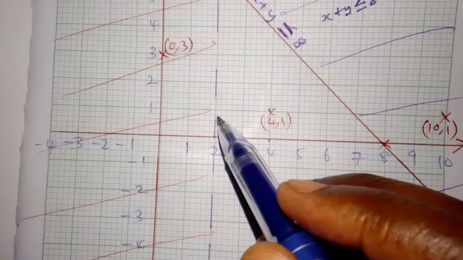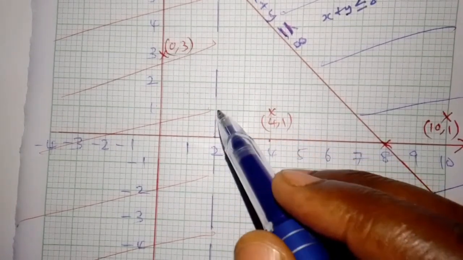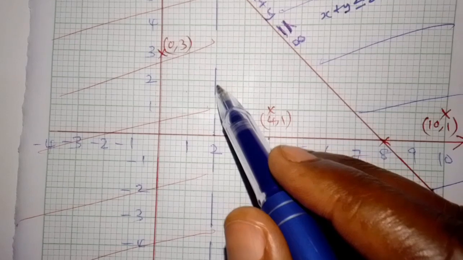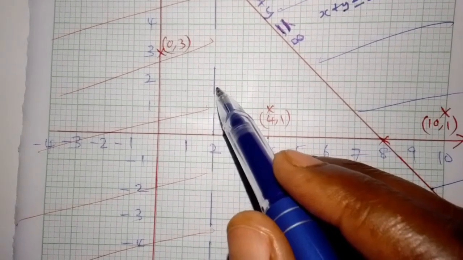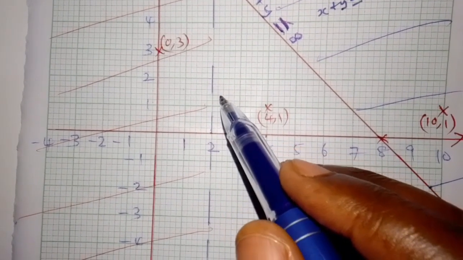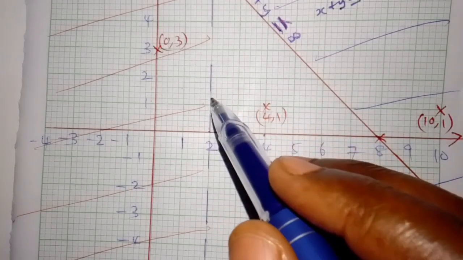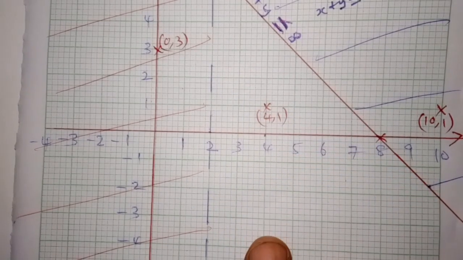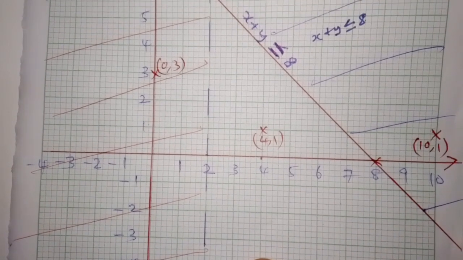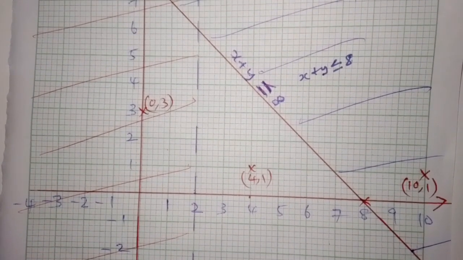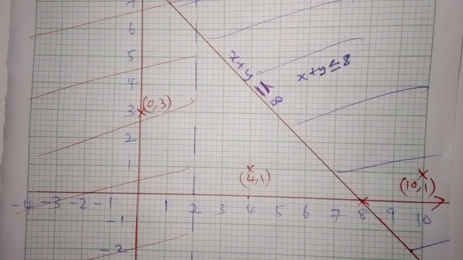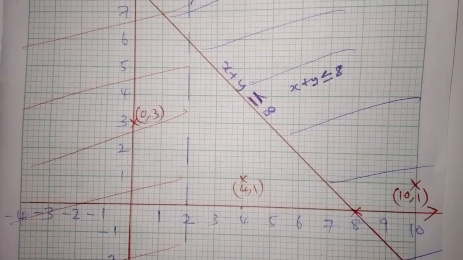And any point lying on x is equal to 2 is not valid because this is a broken line. X is greater than 2 and not equal to 2. So after drawing such a sketch, now we want to test the points which are valid.